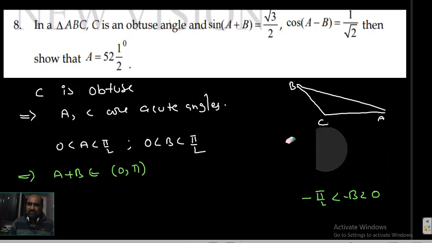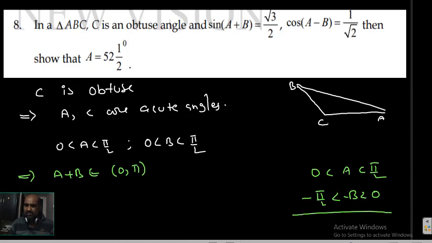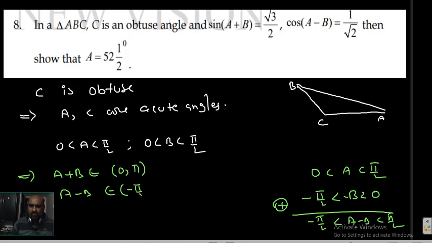Now 0 less than A less than pi by 2. Add these two: minus pi by 2 less than A minus B less than pi by 2. So A minus B lies in the open interval minus pi by 2 to pi by 2.